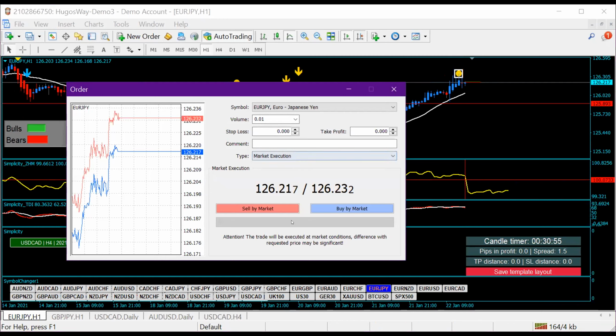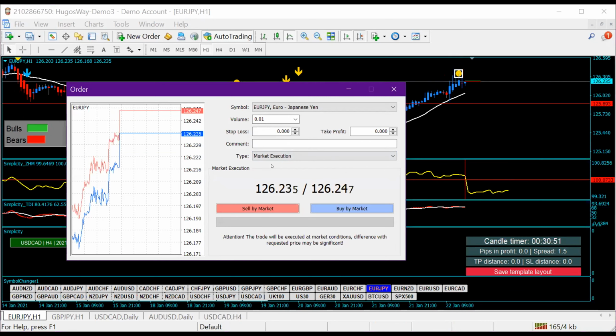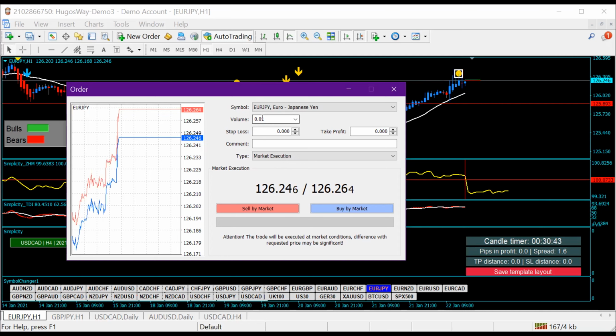A couple of things in this particular window: it allows you to make sure that your lot size is what it's supposed to be, which is right here. Sometimes when you first install Metatrader 4, the lot size is defaulted to 1.00.